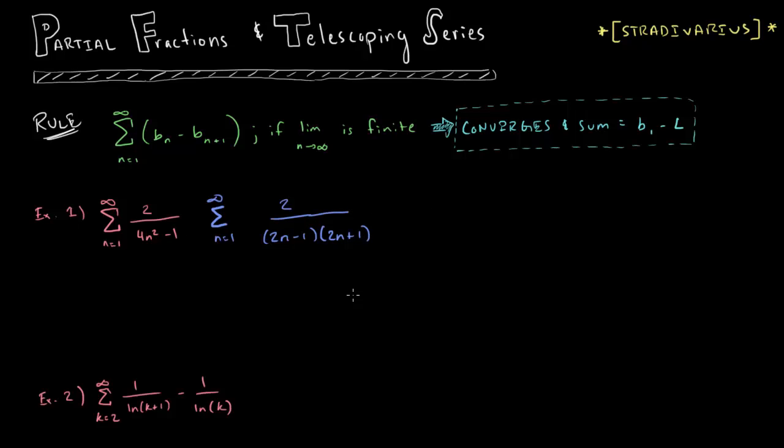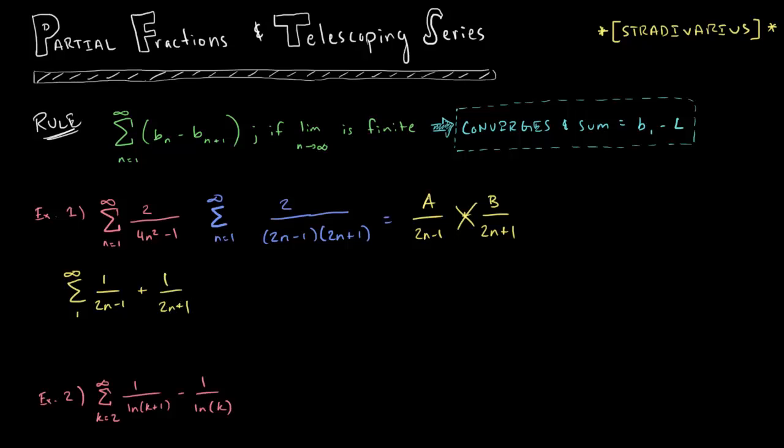Now this right here is a partial fraction decomposition, so you make it a over 2n minus 1 plus b over 2n plus 1, and then cross multiply and solve for a and b. Once you figure all that out, you should get that the sum from 1 to infinity is 1 over 2n minus 1 plus 1 over 2n plus 1.